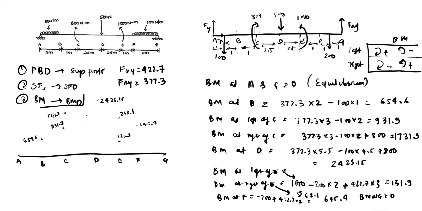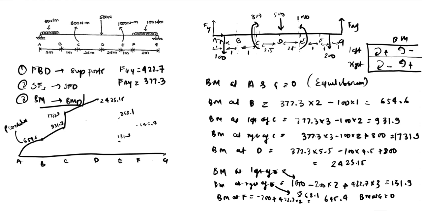So let us see how it varies. We have a parabola between AB, because again it is a UDL. So shear force was linear and the bending moment will be a parabola. BC will be linear until it goes to left of C. It was 931.9, so it is going to that, and then it is jumping.